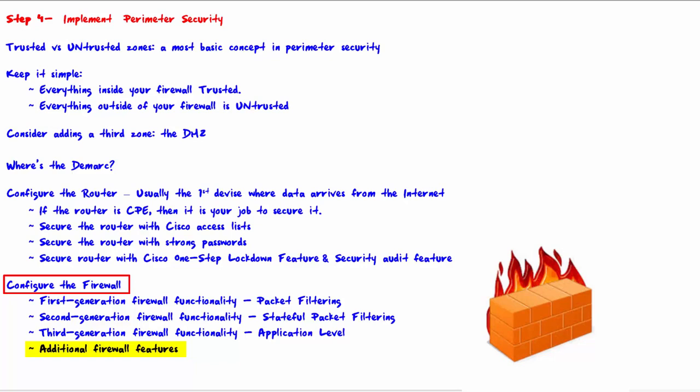So even though all of these features are not part of first, second, and third generation firewalls, they are features that many firewalls do give you, and you definitely want to take advantage of those.